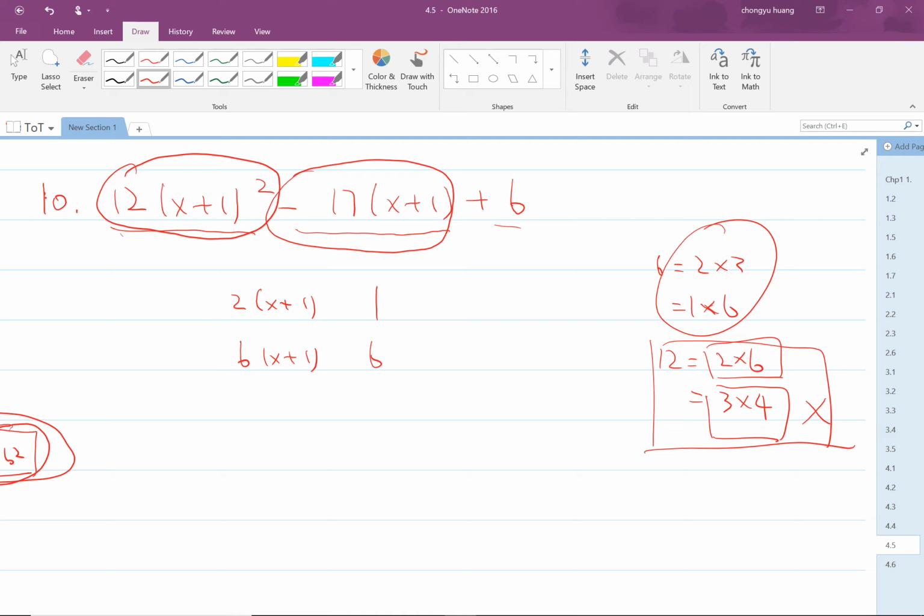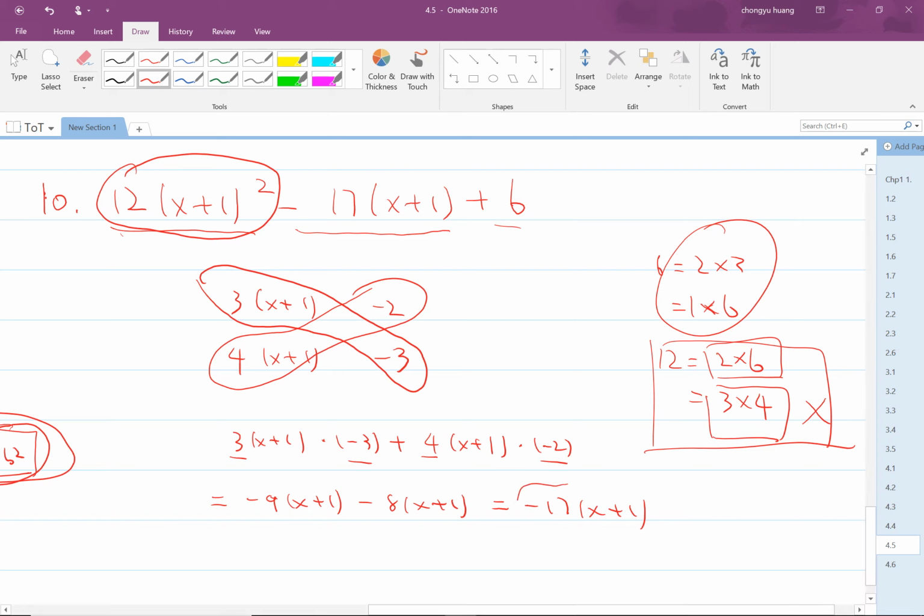Okay, so you can see negative 9 minus 8 is actually negative 17x plus 1, right? So you know we are getting the right answer, because over here you can see negative 17x plus 1 is exactly the same as the middle term, right?